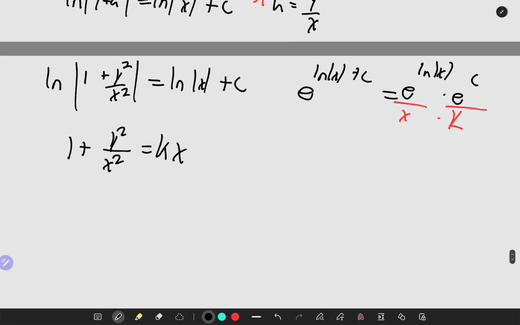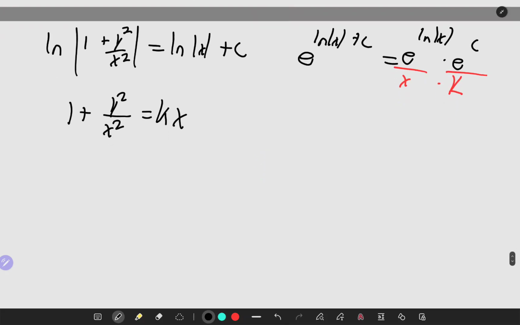Anyways, now that we're here, we can solve for k, or we can just leave it like this, to be honest with you. We could rearrange this to be x squared plus y squared over x squared is equal to kx.